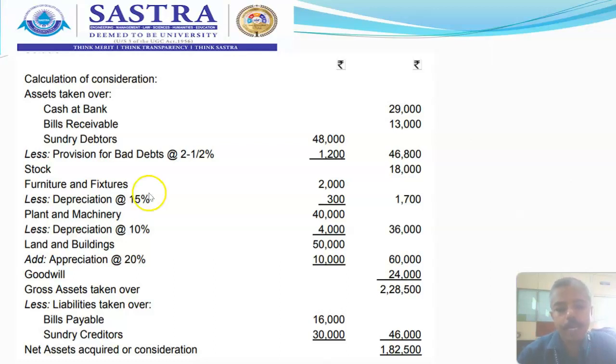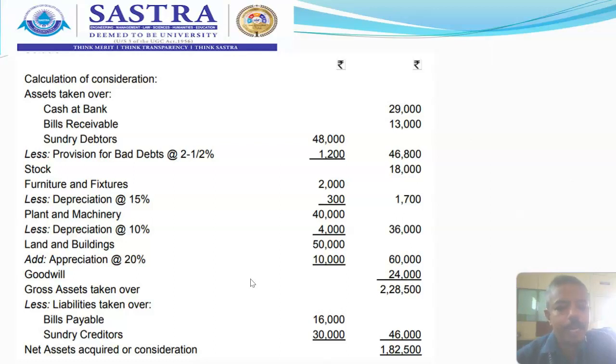Out of this 1,82,500, the payment is made in three forms. The purchase consideration of rupees 1,82,500 in this sum is given in three different forms. One is allotment of equity shares of rupees 10 each, that means 10,000 equity shares allotted at rupees 12 each with a premium, and 500 debentures allotted at rupees 100 each with a discount of 10%.